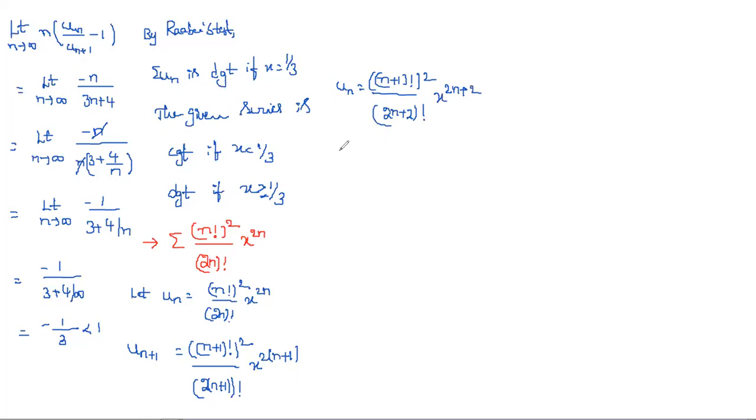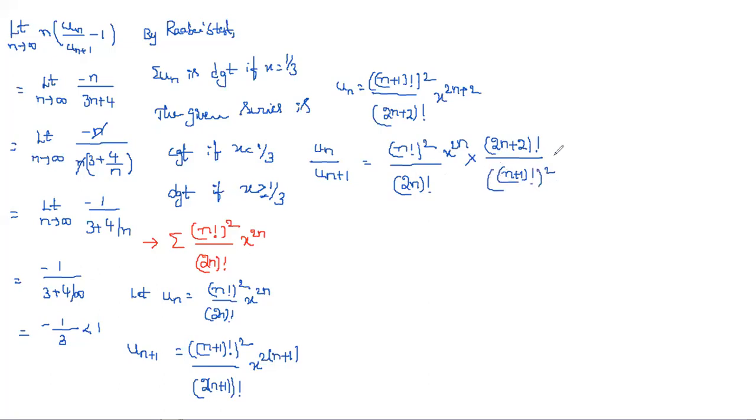Now you need to find un by un plus 1. So un by un plus 1 is equal to: un is nothing but n factorial whole square by 2n factorial into x power 2n, divided by un plus 1. That is nothing but simply what we'll get, 2n plus 2 factorial by n plus 1 factorial whole square into 1 by x power 2n plus 2.